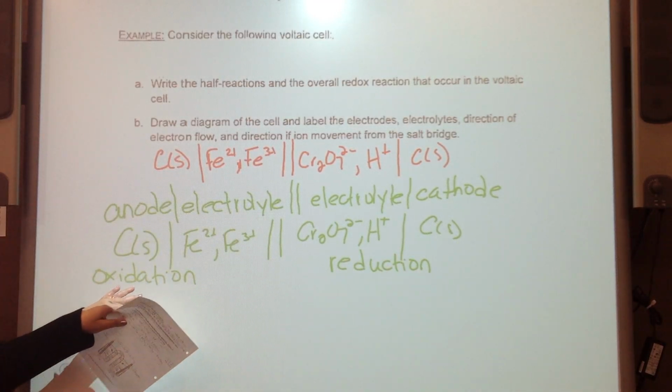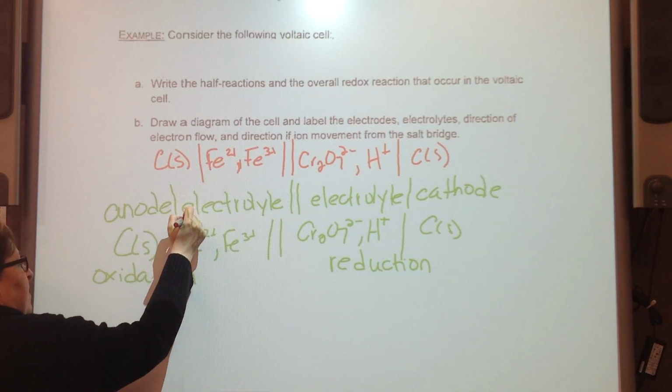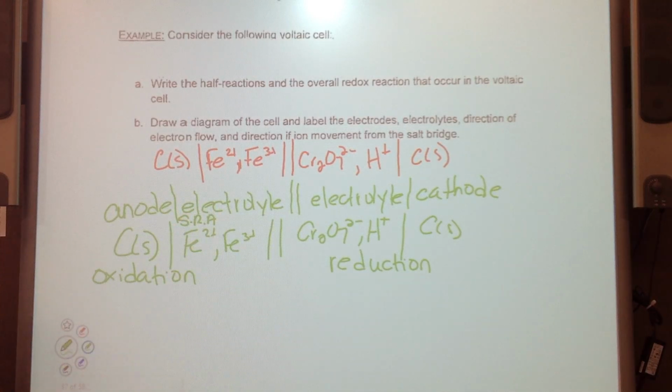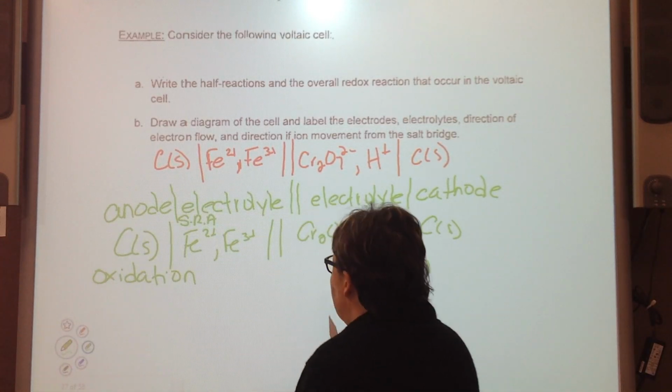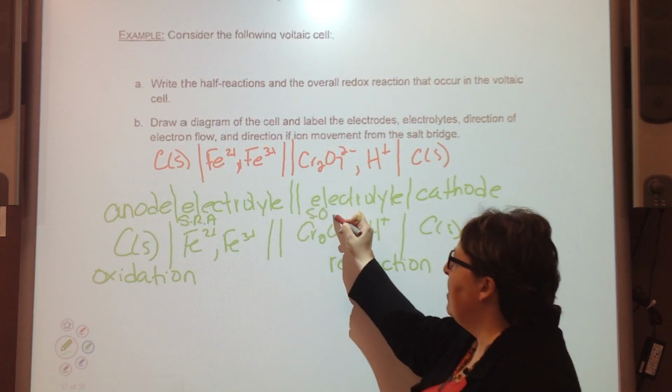So if this is oxidation, this iron species, Fe2 plus, must then be our reducing agent. And when we look over here, this is our reduction, so this must be our oxidizing agent.